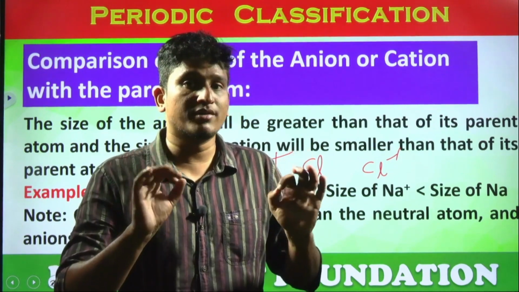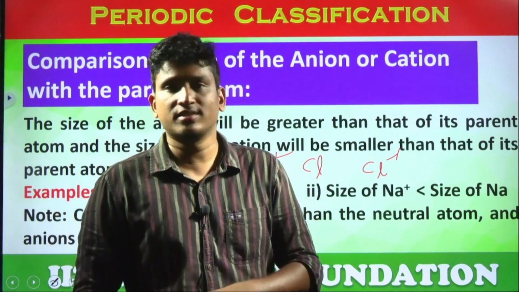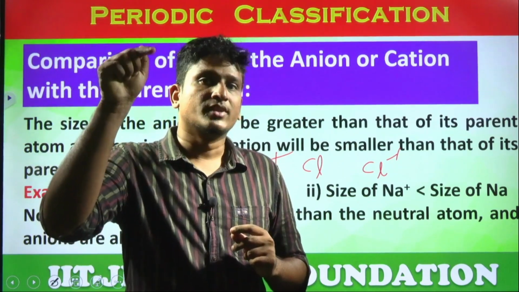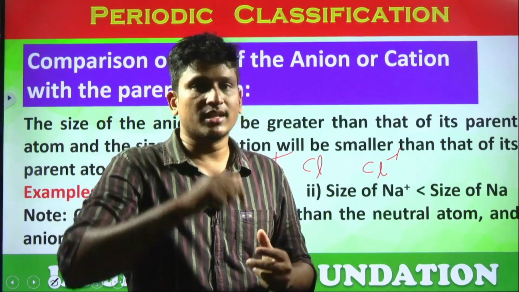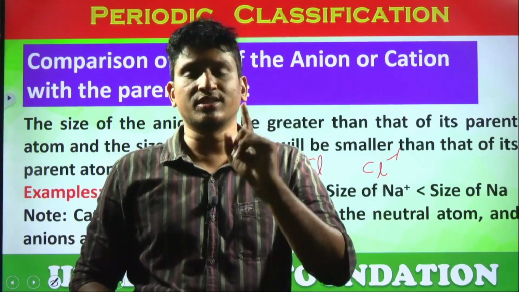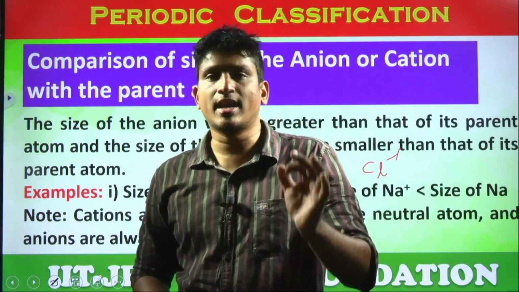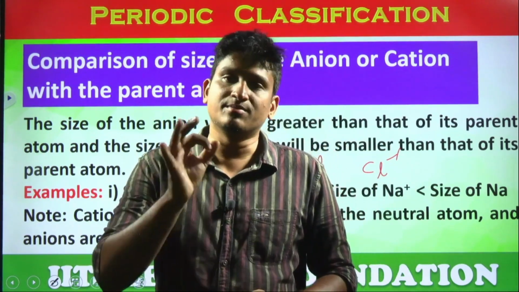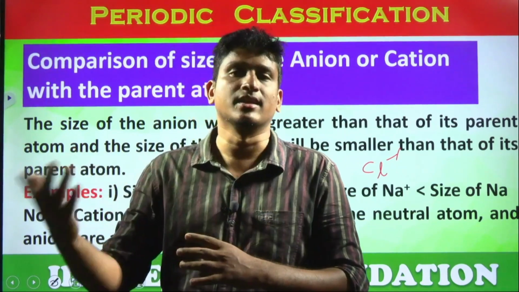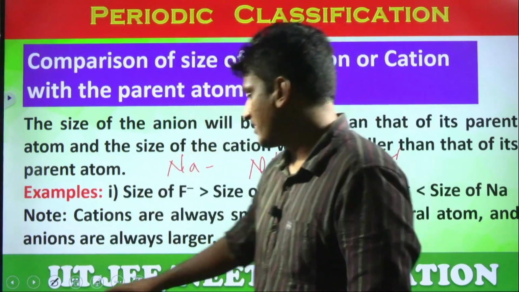This time which power is more? Negative charge is more. Yes or no? If there is negative charge, that incoming electron undergoes repulsions with already present electrons, right? So that's why the size increases for an anion. Remember the statement: a cation is always smaller than its parent atom. An anion is always bigger than its parent atom. If the charge increases, this effect also increases. Got the clarity? So right, next.